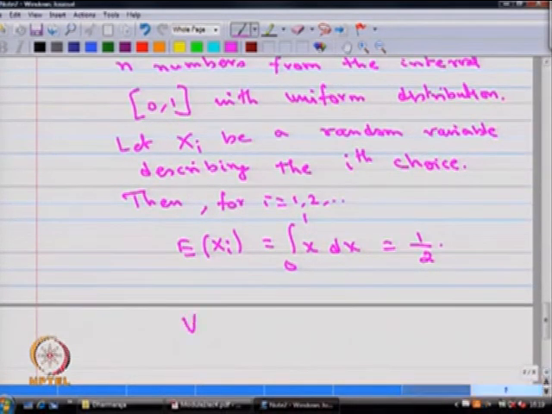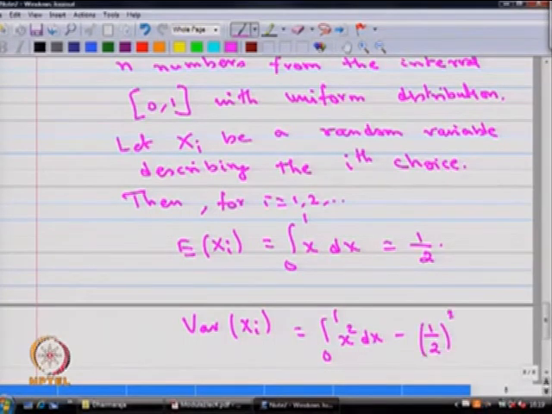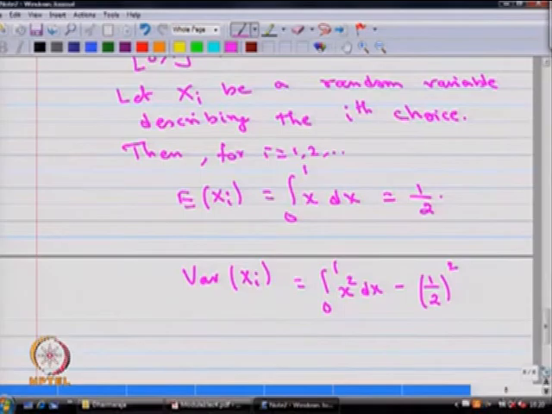Similarly, one can evaluate the variance of Xi's, that is expectation of X square minus expectation of X whole square. The expectation of X square is the integral from 0 to 1 of x square dx.